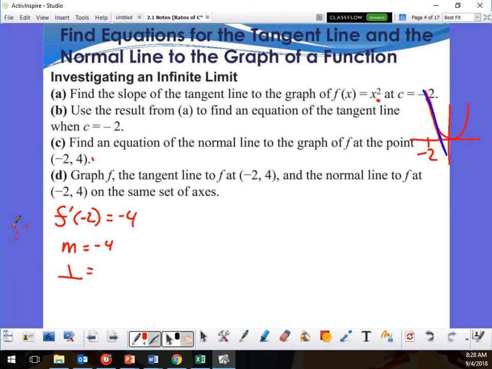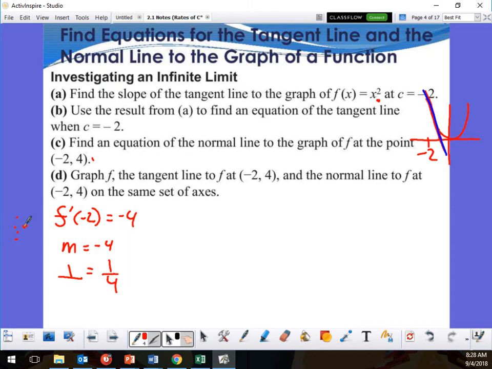Perpendicular slope for -4. 1/4. So it's positive, right? So it's going to be a positive 1/4. So it was opposite and reciprocal, right? So now it gives us my point right here, which is -2, 4.